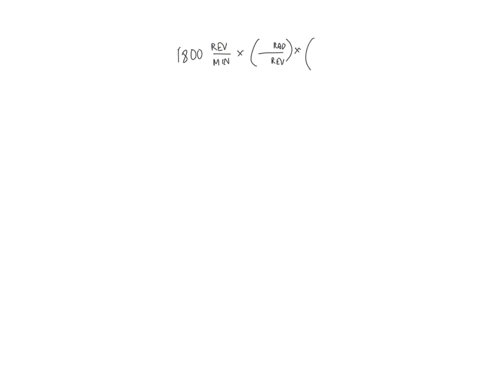And then the second conversion factor will turn minutes into seconds. And then since revolutions is in the numerator, that's why it was in the denominator down here, and minutes in the denominator cancels with the numerator up here, and you're going to be left with units of radians per second. So you just want to do that for both the 1800 and for the 5000.